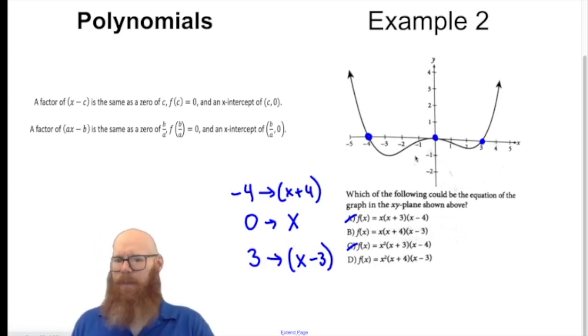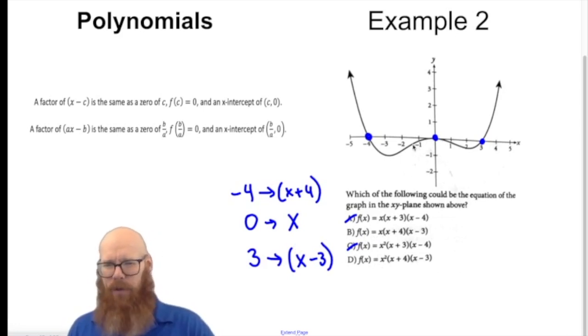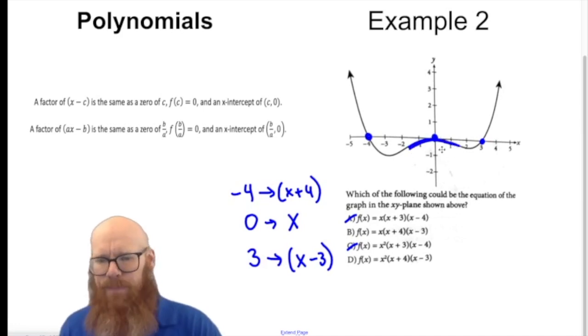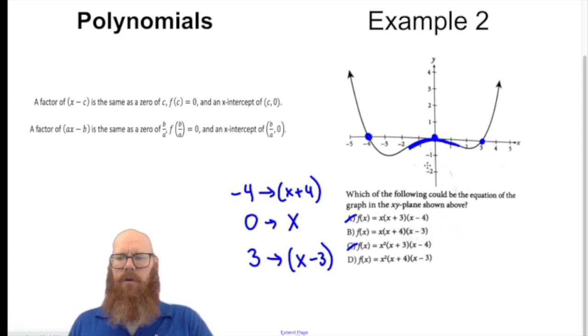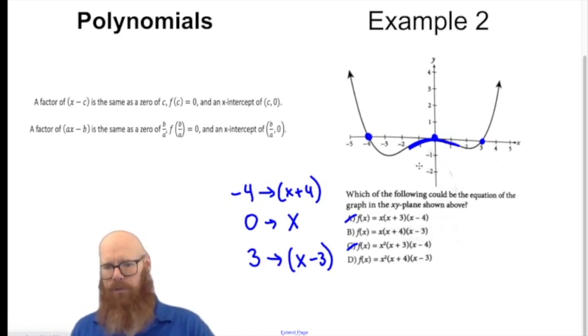To understand that, we have to further understand the graph of a polynomial. If you look at the behavior near 0, you see it's a parabolic behavior. It's hitting the x-axis and bouncing off. That's going to happen whenever you have an even multiplicity, and the multiplicity is just the power on the factor itself.